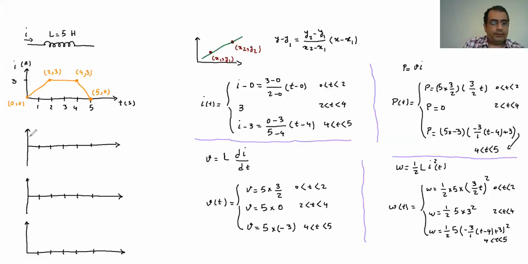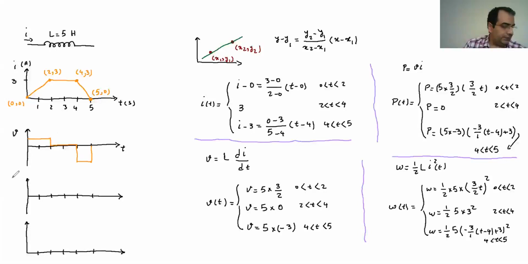So between here and here is going to be 7.5 constant. Then it drops down to 0. And then it drops down again to negative 15. So this is going to be T, that's going to be the V.